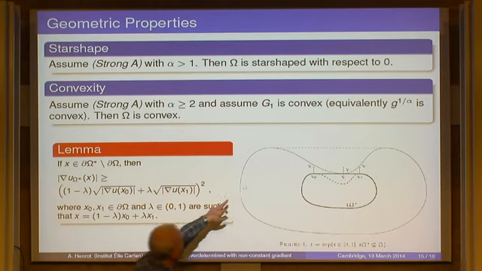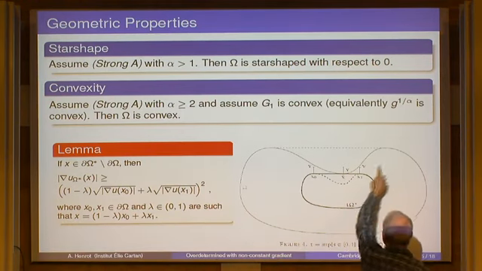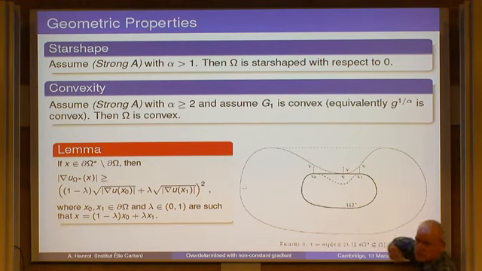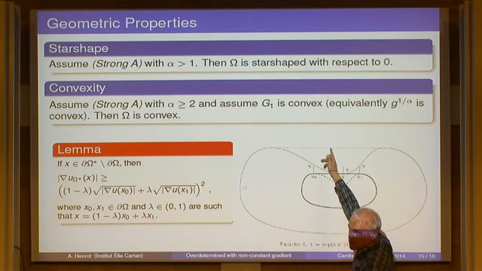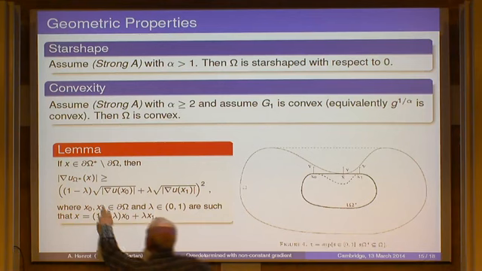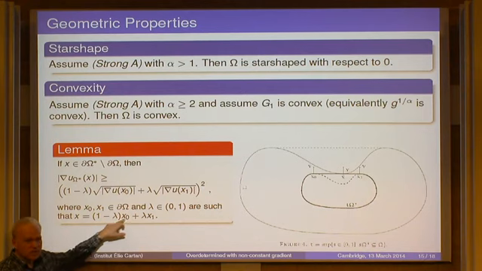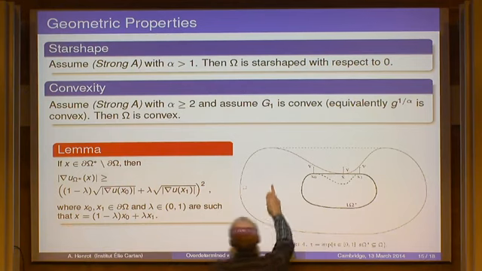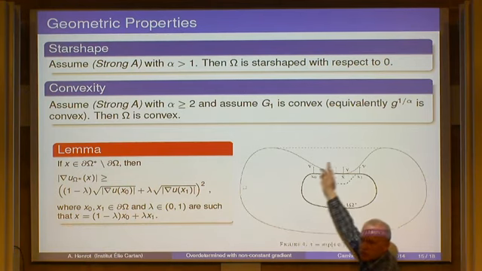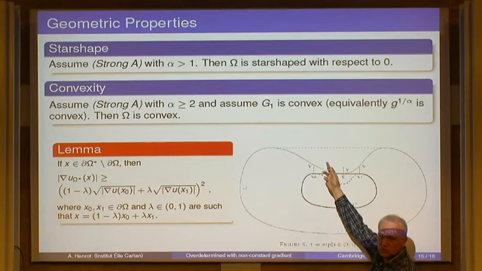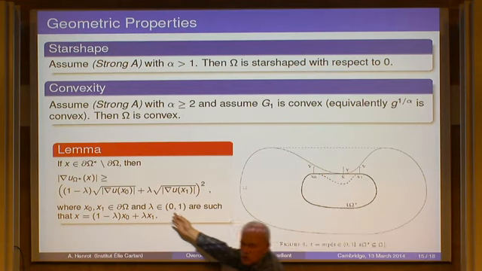So assume that you have a domain omega, which is this one, and take its convex hull, with a dashed line, which is there, and take any point on the dashed line. So my point x will be, in 2D for example, the convex combination of 2 points x0 and x1, which are on the boundary of omega. This is true for any point which is on the boundary of the convex hull and not on the boundary of omega. In higher dimension, you need just more points.